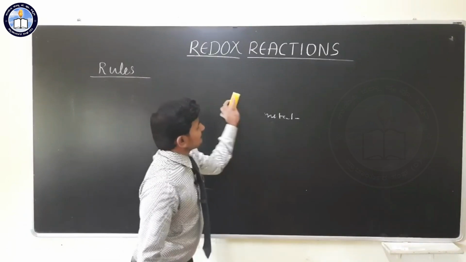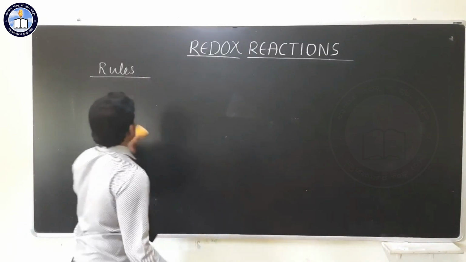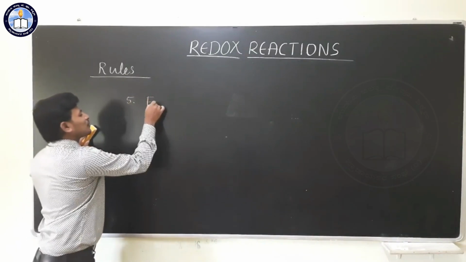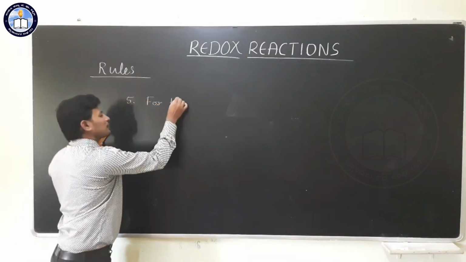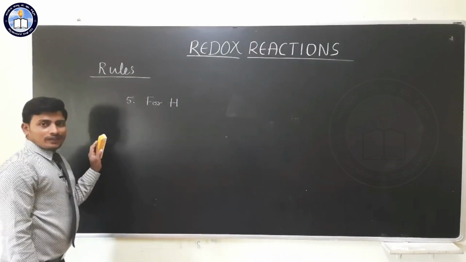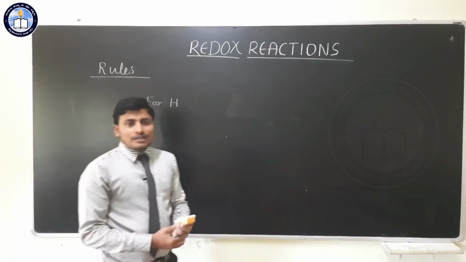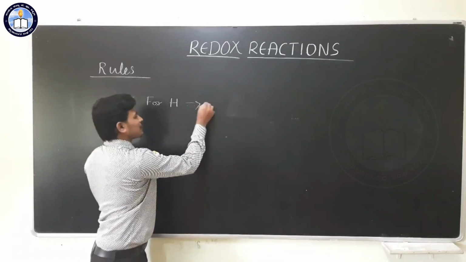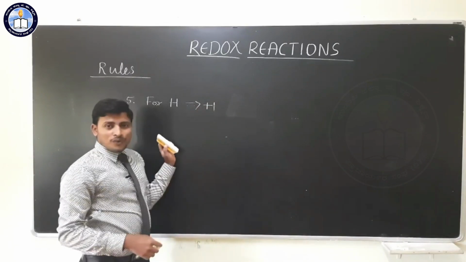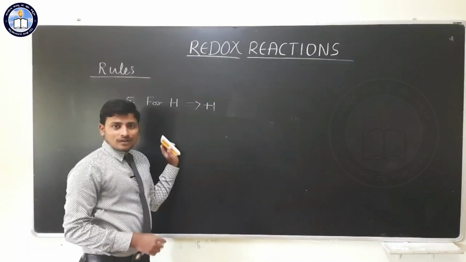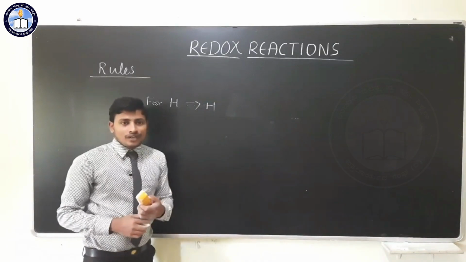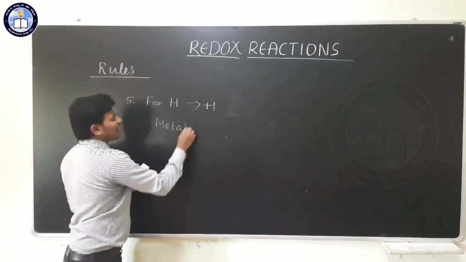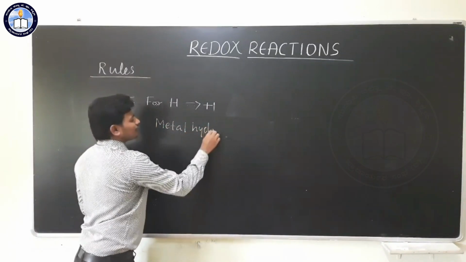Next, the fifth one, for hydrogen. Oxidation number for hydrogen is always +1 in most cases, except in case of metal hydrides.